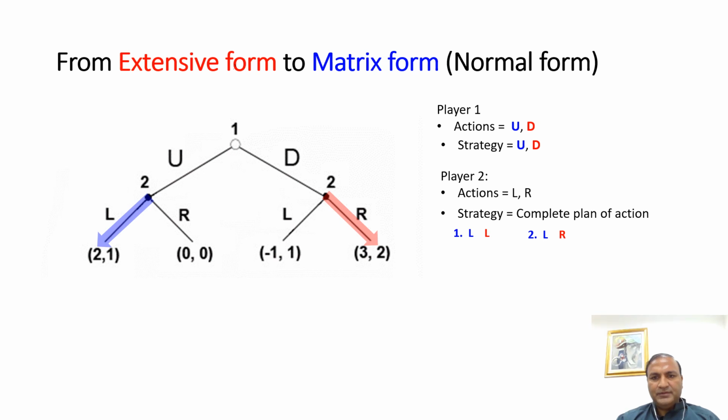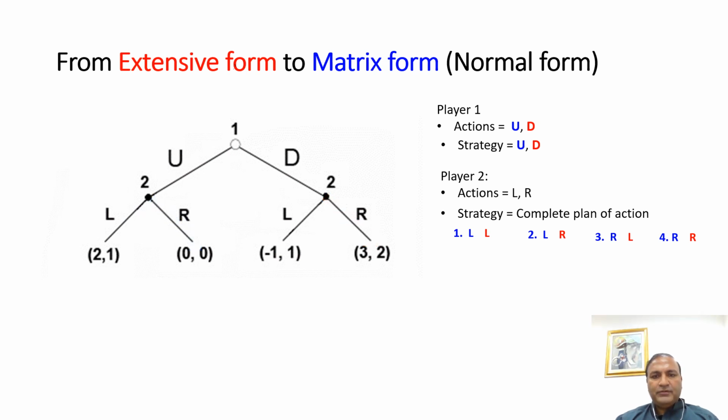And then the next possibility is he chooses R here and he chooses L here. So this is the third possibility. And the last possibility is that he chooses R and R. So these are the four possibilities for the complete plan of action, or strategies, for player number 2.